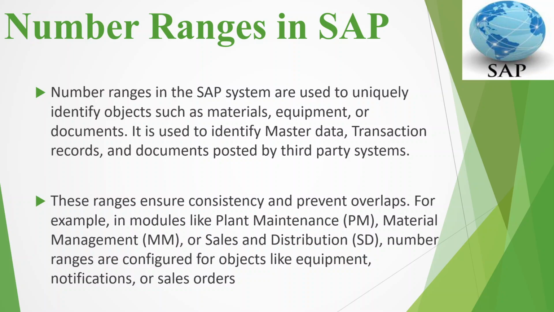These ranges ensure consistency and prevent overlaps. For example, in modules like plant maintenance, material management, or sales and distribution, number ranges are configured for objects like equipment, notifications, or sales orders. Same goes for finance, controlling, and the rest of the modules as well. Let's move further.